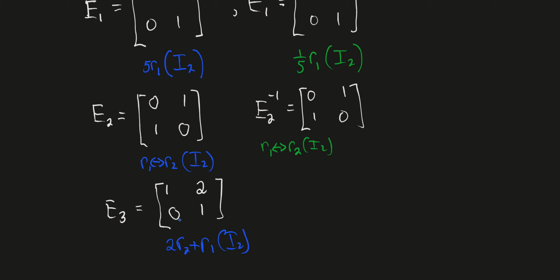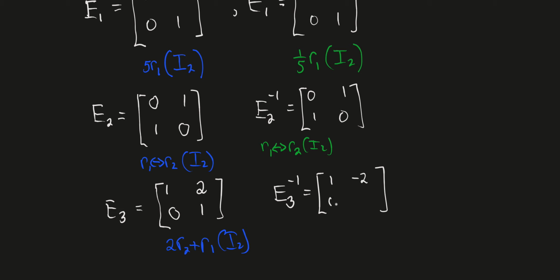Now, what would be its inverse? What I would need to do is go from this back to the identity matrix. I would have to eliminate this 2 by taking negative 2 times row 2 added to row 1. So the inverse of this type of elementary matrix is going to be another one of a similar type, but instead of a positive 2 there, I'll have a negative 2.